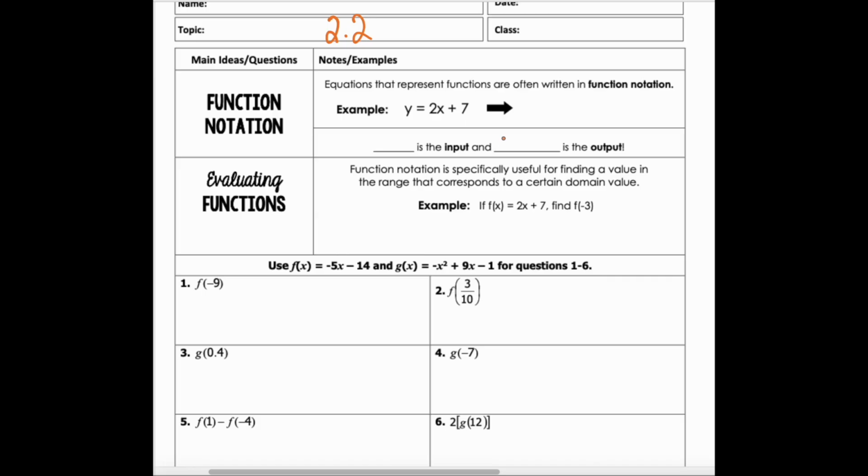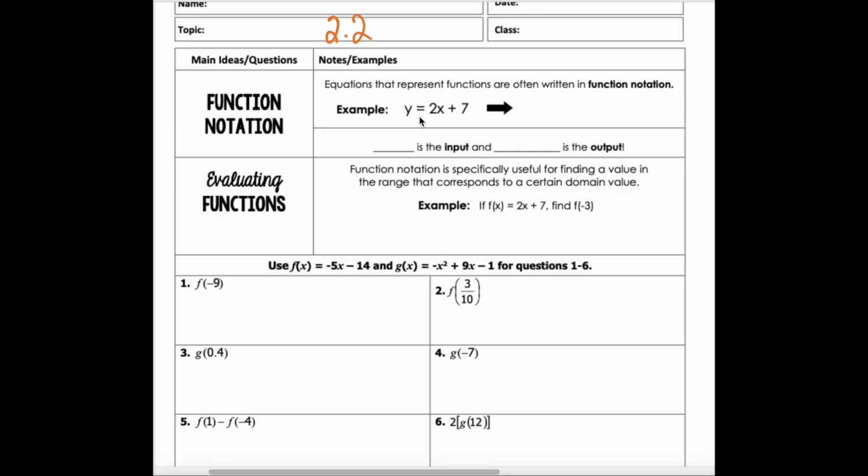Just a little refresher. Function notation is another way that we can write a graph. You guys are pretty familiar with y equals mx plus b, right? You learned that that is the formula for a line.